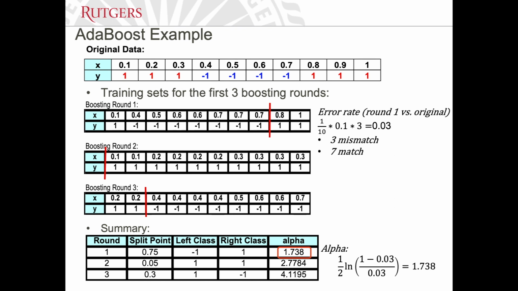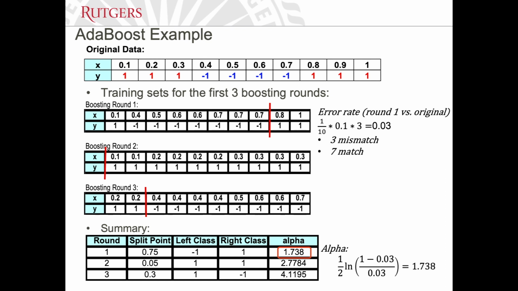So let's use round 1 as an example to illustrate how AdaBoost is working. Compare round 1 to the original data. There are 3 points mismatched, which are 0.1, 0.2, and 0.3, because the original data for 0.1, 0.2, 0.3 are classified as positive 1. But for boosting round 1, all the points are classified as negative 1.